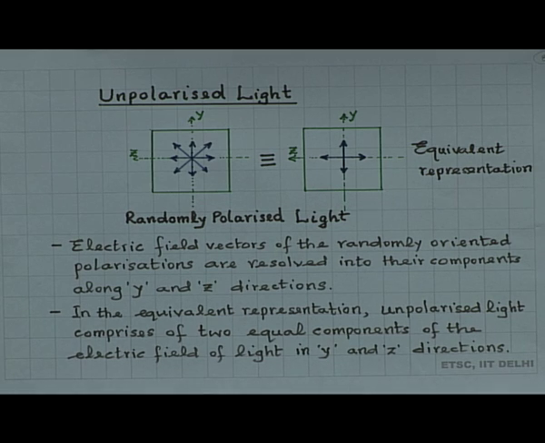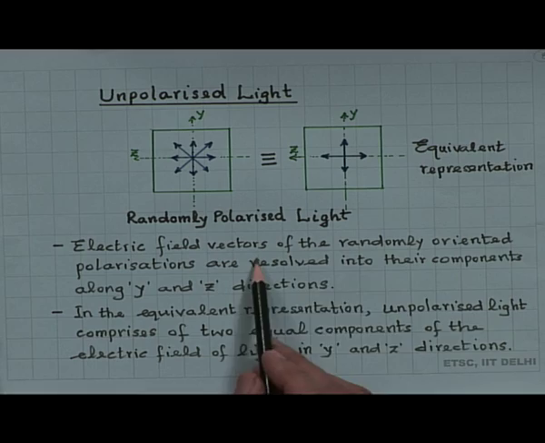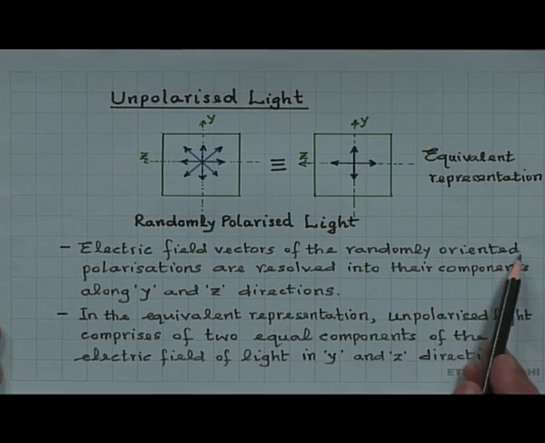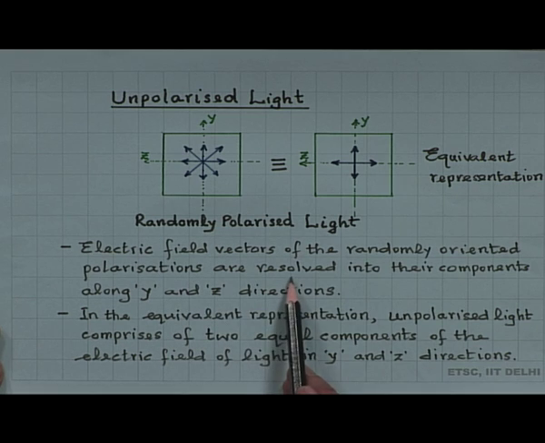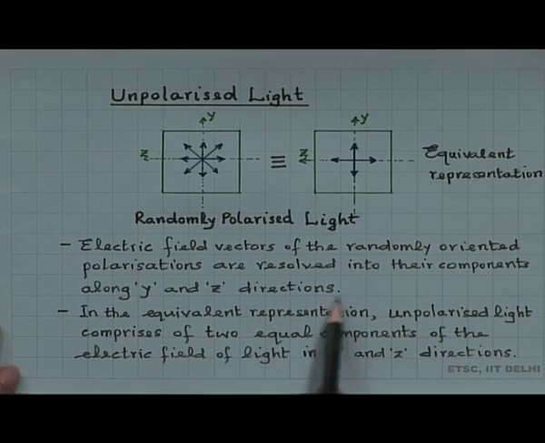That is what is explained here again: the electric field vectors of the randomly oriented polarizations are resolved into their components along y and z directions.